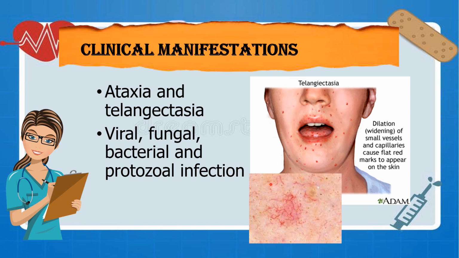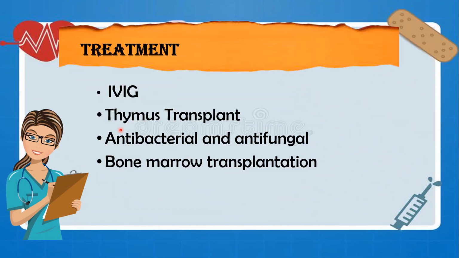They are usually harmless but may be associated with several diseases. So it may have viral, fungal, bacterial, and protozoal infection. So the treatment includes IVIG, thymus transplant, antibacterial, and antifungal, also bone marrow transplantation.